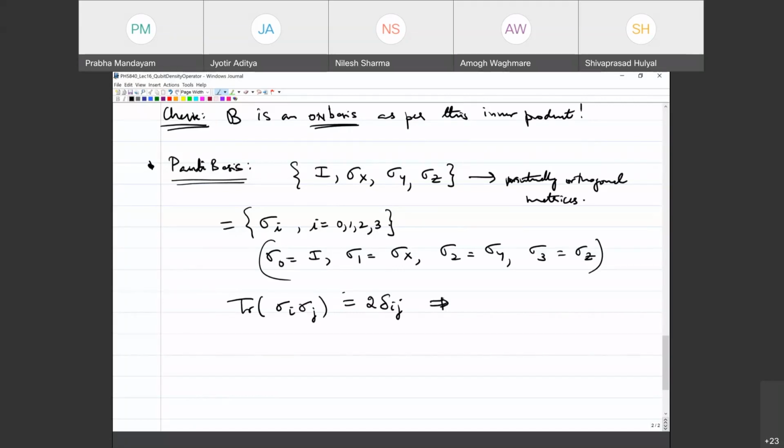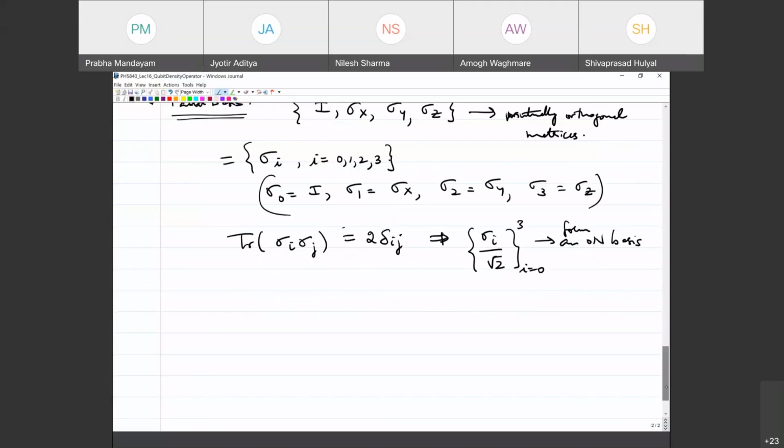So if I take sigma I by root 2, then this becomes an orthonormal basis, I going from 0 to 3, right? So this is a set of 4 matrices that spans the space of 2 cross 2 matrices. So then, of course, I should be able to write every qubit density matrix as R0 sigma 0 plus R1 sigma 1 plus R2 sigma 2 plus R3 sigma 3.